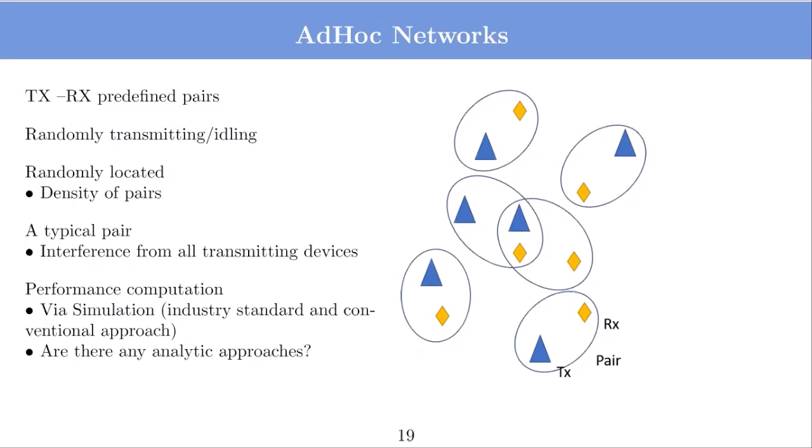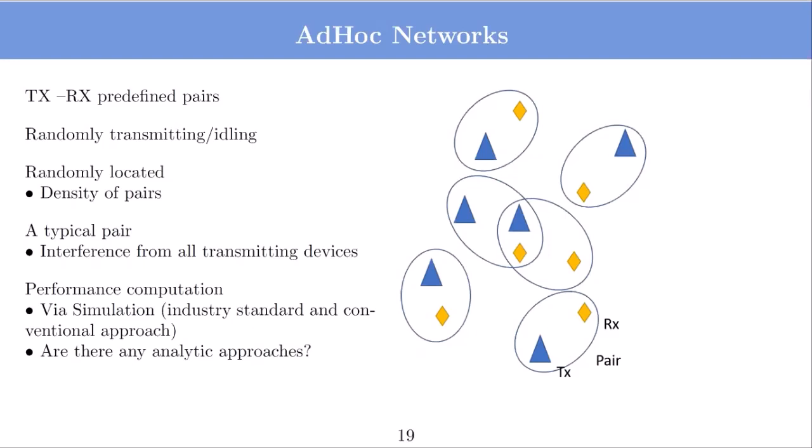So when we talk about a typical pair, we take one typical pair arbitrarily. We talk about interference from all transmitting devices. And then for performance, we can do a simulation. It means every time we generate the transmitter locations, compute their channels, and then compute the performance of the typical pair. These are industry standards.